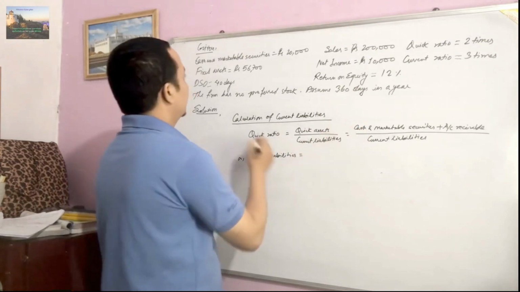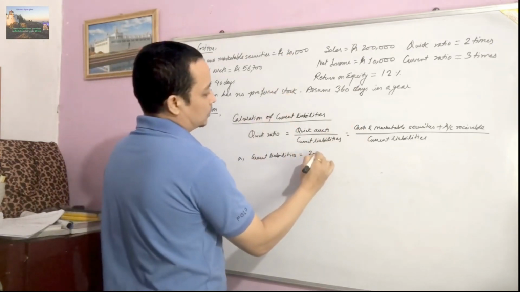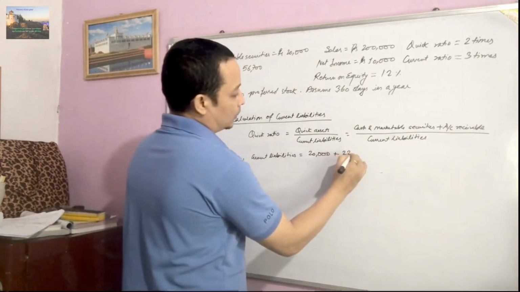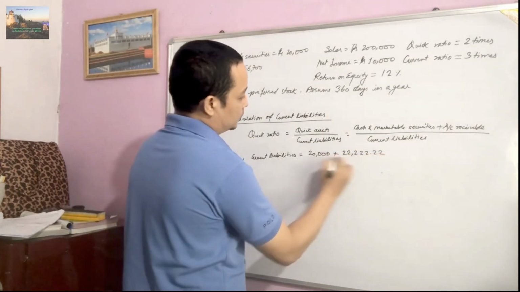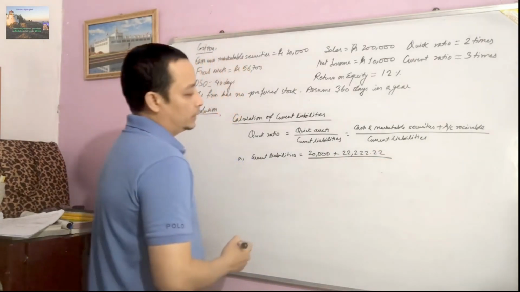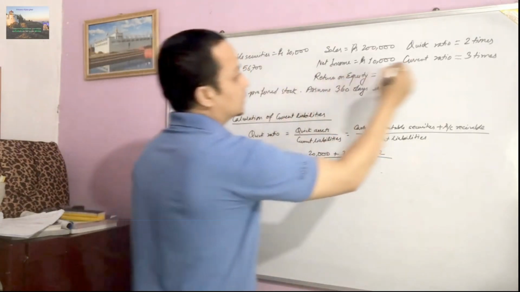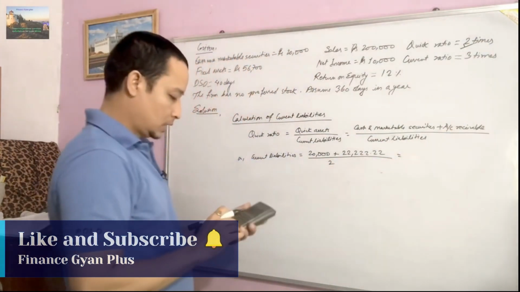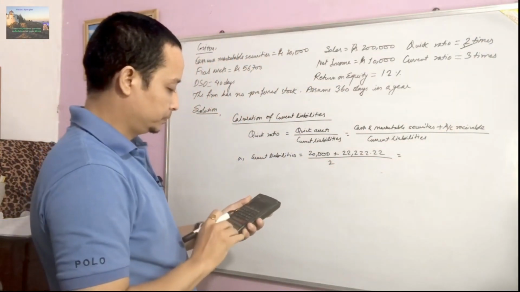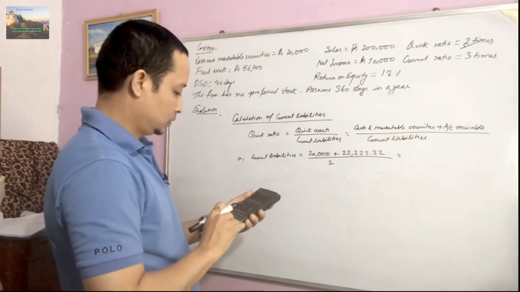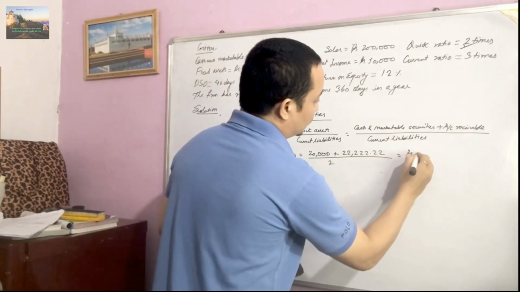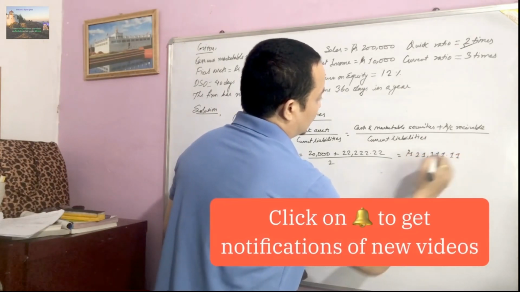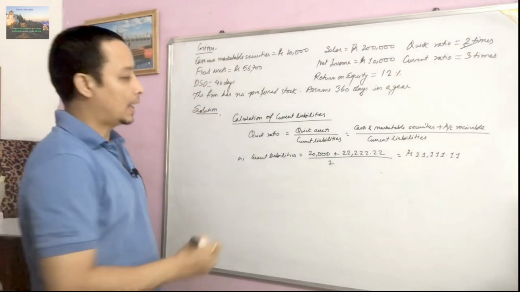So here cash and marketable securities is 20,000 and your account receivable which you have obtained 22,222.22 divided by quick ratio. Quick ratio is given in the question here 2 times. So now just calculate, divide by 2, that is rupees 21,111.11. This is your current liabilities.